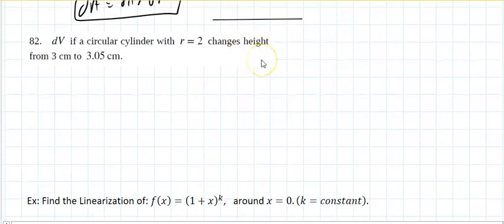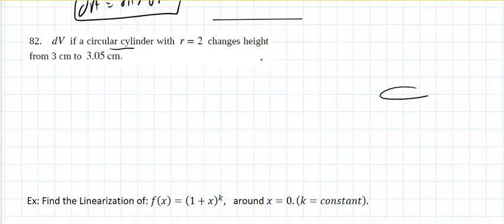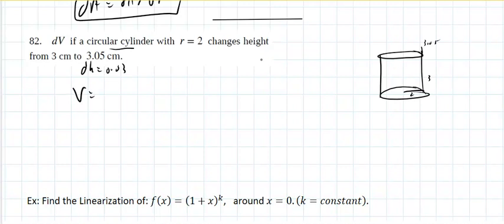And here's another one. A circular cylinder, r is 2, and the height switches from 3. Initially it was 3. You're going to go to 3.05. So the change in height is 0.03. Well, the volume of a cylinder is pi r squared h, but the radius is fixed.